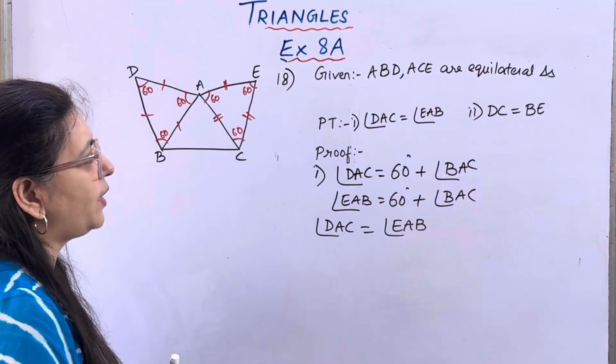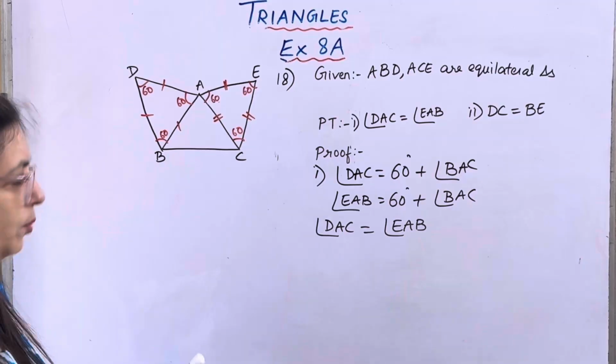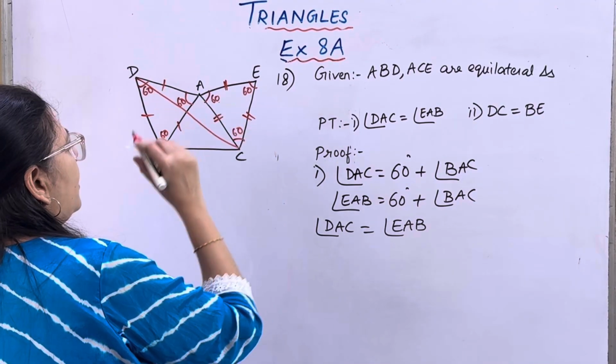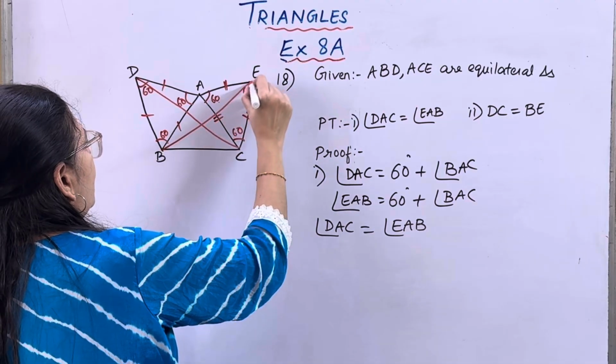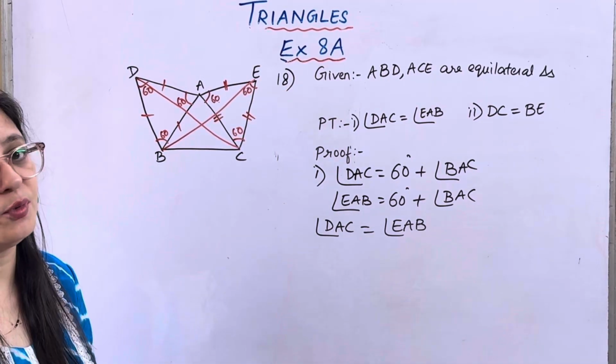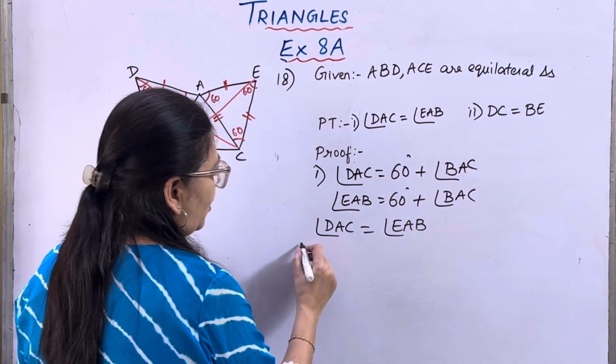Now you have to prove that DC is equal to BE. DC is this side, that is equal to BE. This you have to prove. That means if you have to prove a side, you will have to take the triangles. Let's take the two triangles.